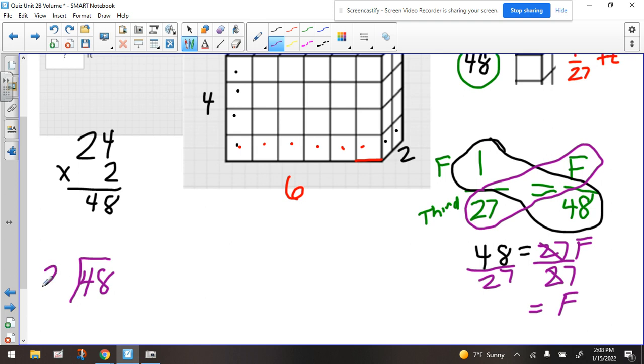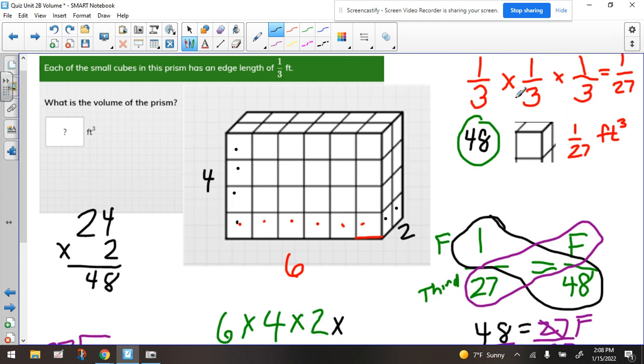Now, another approach that you may have seen is to take the dimensions that you have, which are the 6 times 4 times 2, which we already know equals 48. And you may have seen this before. If we were to take that number and multiply it by 1/3 times 1/3 times 1/3.